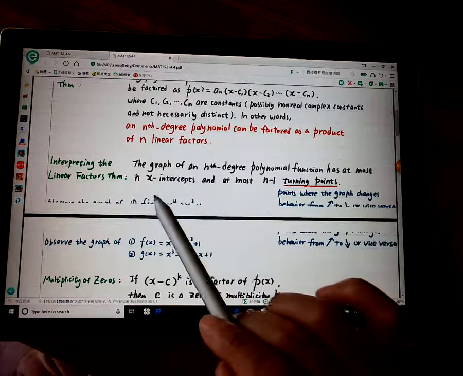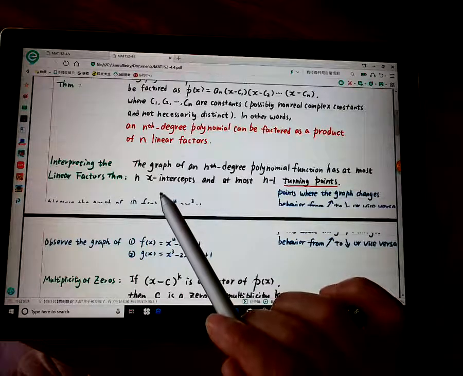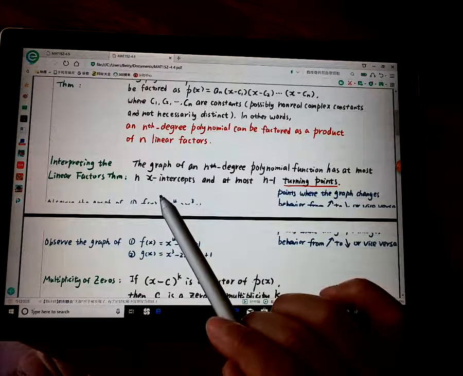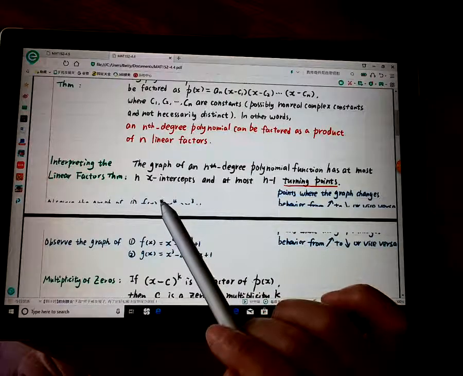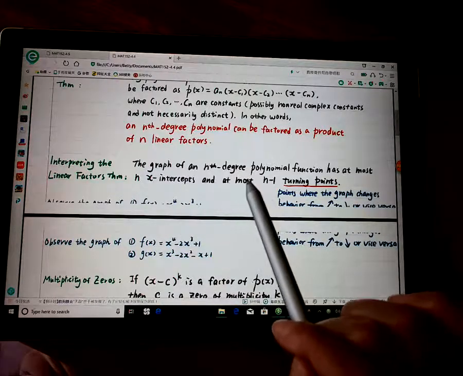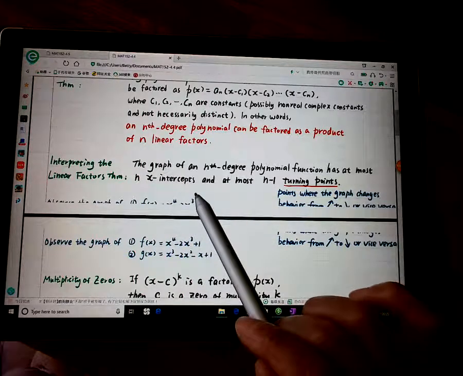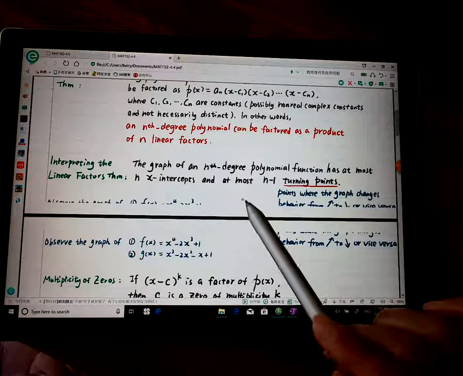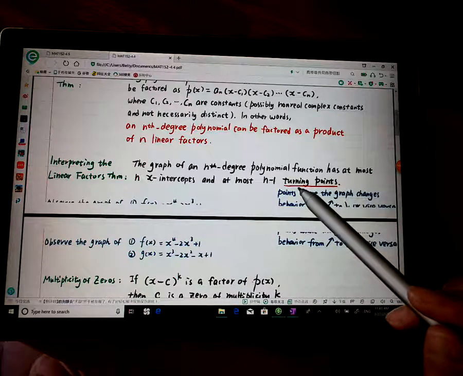In that case, all the n zeros are real numbers and all the n zeros are different. If the polynomial with degree n has at most n x-intercepts, then of course it has at most n minus 1 turning points. What is a turning point?